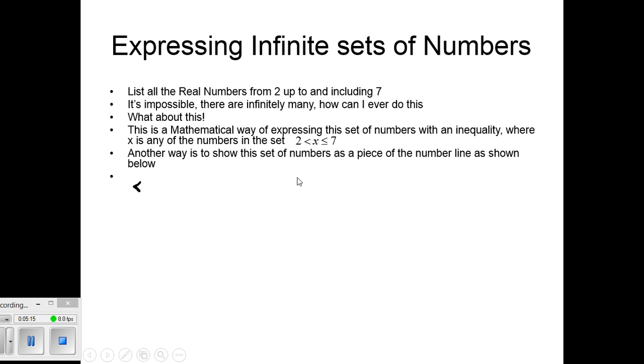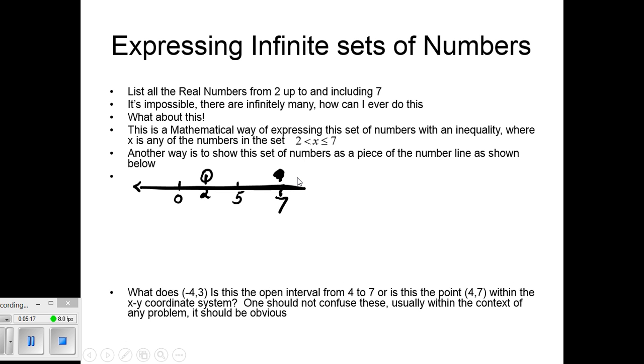Maybe another way is to go to the number line and express them as a piece of the number line. So here's a number line, kind of crude, I apologize. This is the interval of numbers between 2 and 7. Since we're not including 2, we're going to have an open circle there.